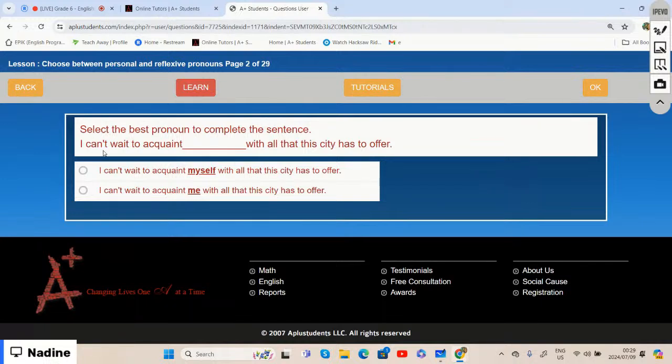It says, I can't wait to acquaint myself with all that the city has to offer, or I can't wait to acquaint me with all that the city has to offer. Which one is correct? Is it option one, which is myself, that refers back to I, or me, which is referring back to I?